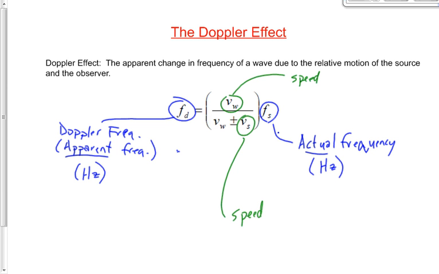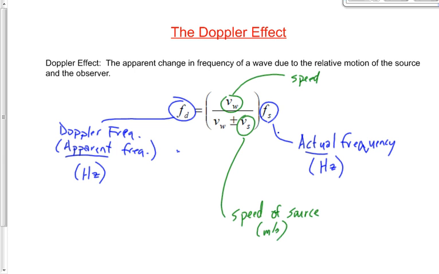It can be light. It can be water. It can be whatever. Vs is the speed of, what else starts with an S here? The speed of the source. So in the video that I showed you, it's the van, how fast the van is moving, the speed of the source. And that's going to be in meters per second.